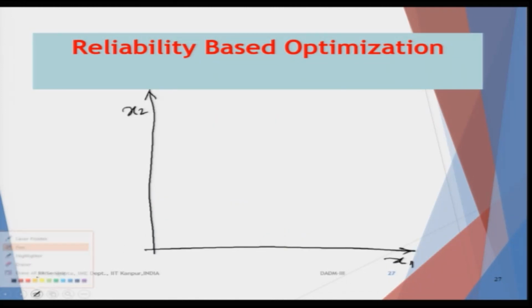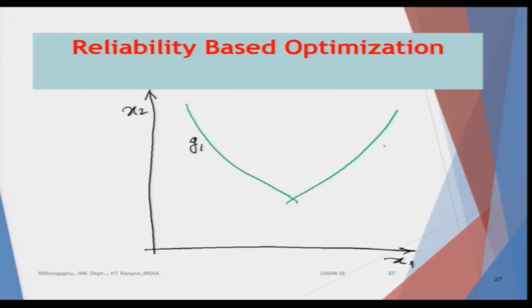Again I draw. Now, I will be using the color scheme similarly, and I will be switching back to the diagram also. This is G1, this is G2. Okay, this is the deterministic solution.